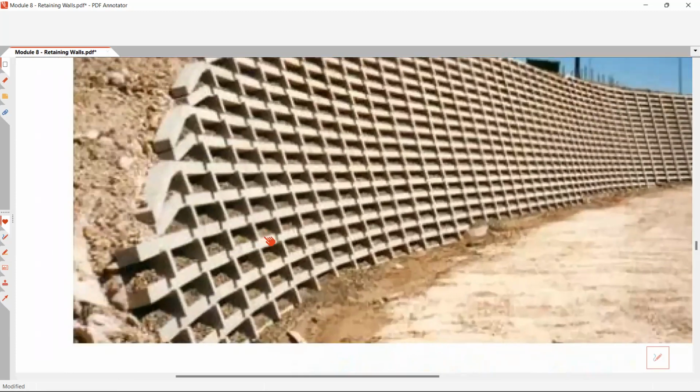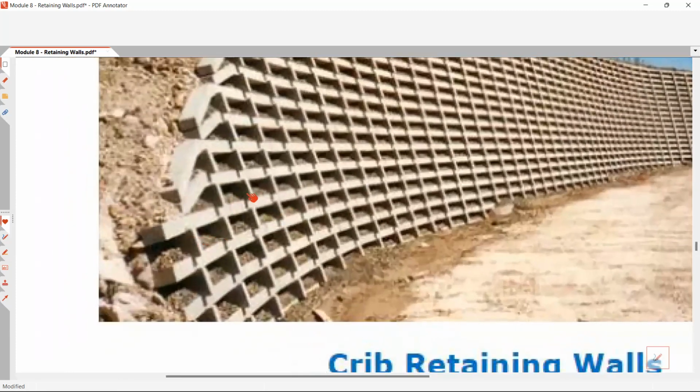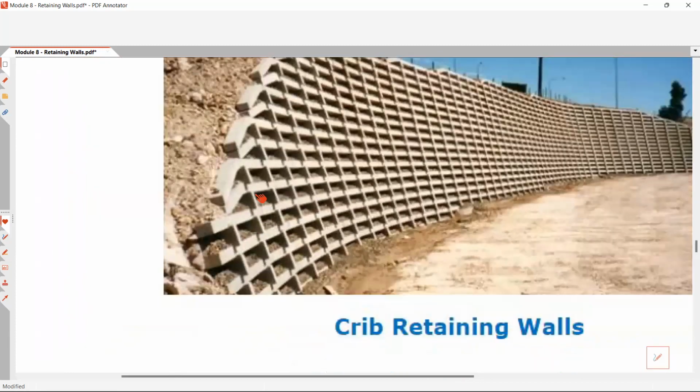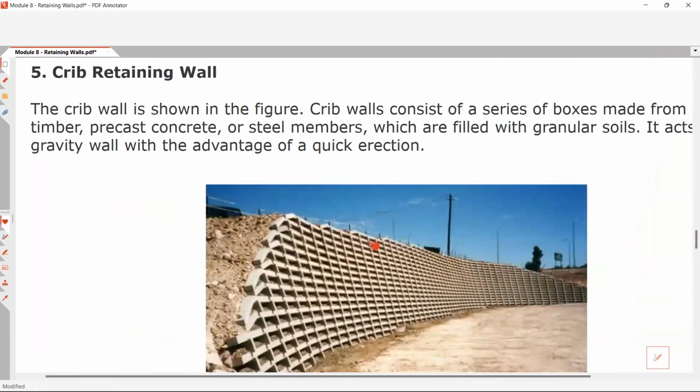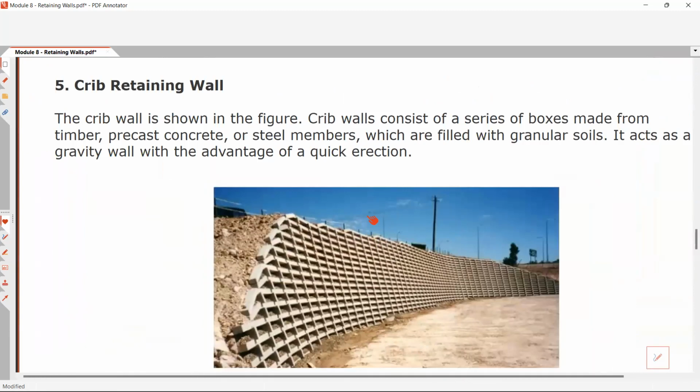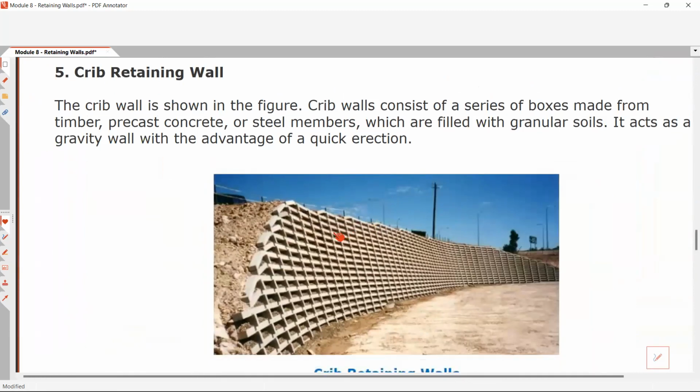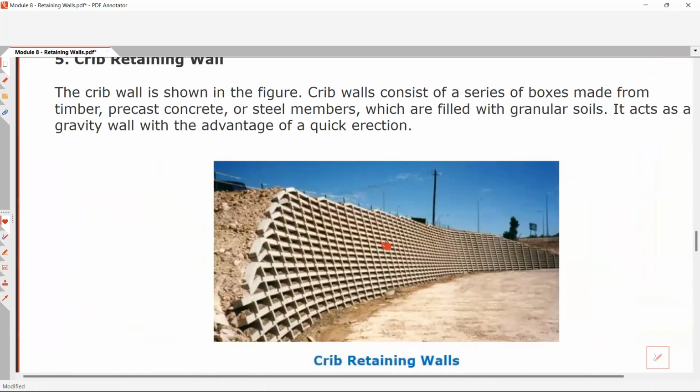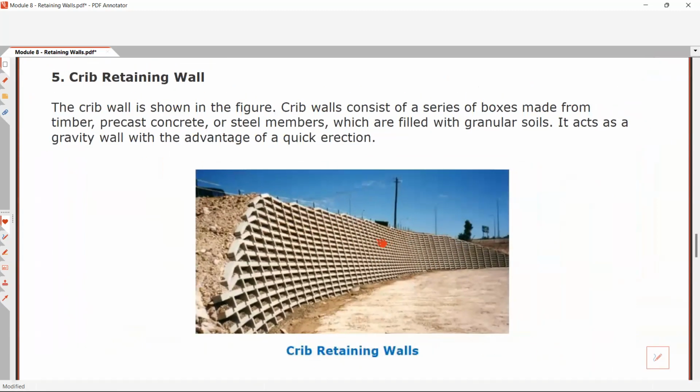Then meron siyang slots, yan ang mga slots. Yung slots na yon, pwede mong lagyan ng soils, granular soils, or any other filling material. And this will act as a gravity wall. So basically nakadepende lang yung strength nito dun sa total weight of this crib retaining walls.